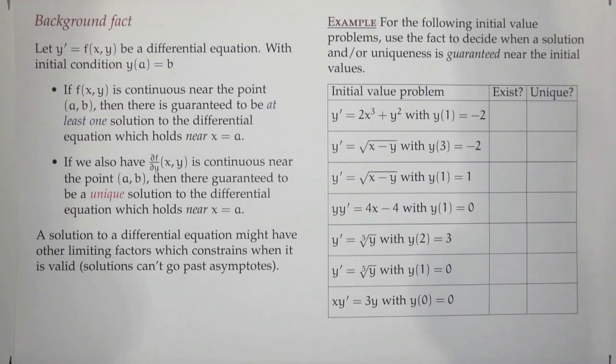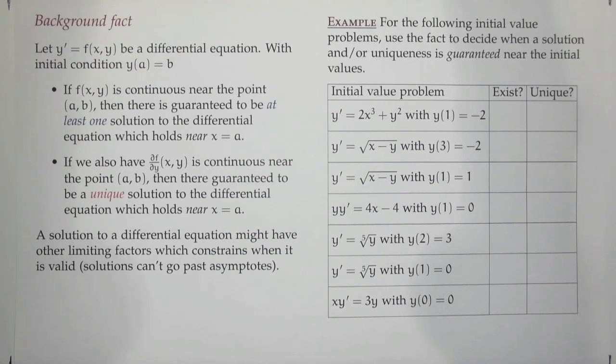Now, there's other limiting things that come into play. You'll see that there's some statements that this solution only holds near the point x equals a. All of calculus is based off of this idea. You know what's happening nearby. Calculus is all about the nearness. You know, the tangent line is a good approximation near the point of tangency.